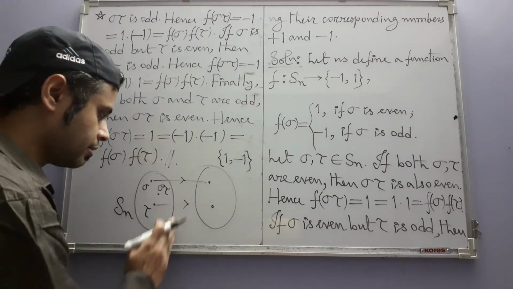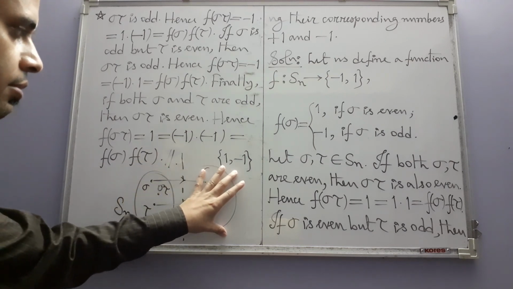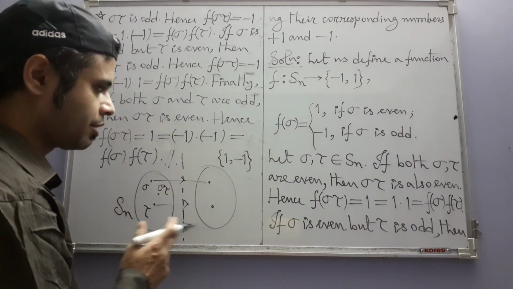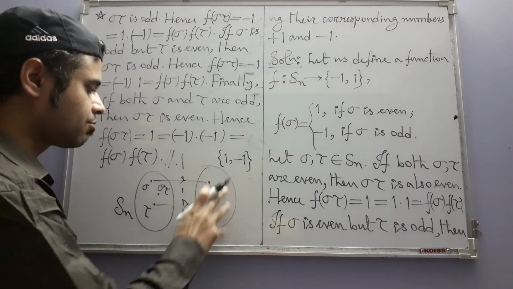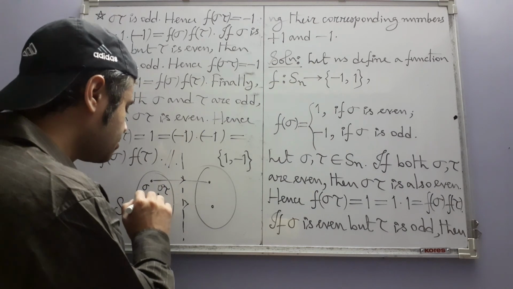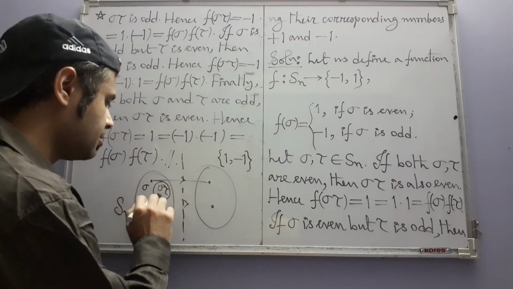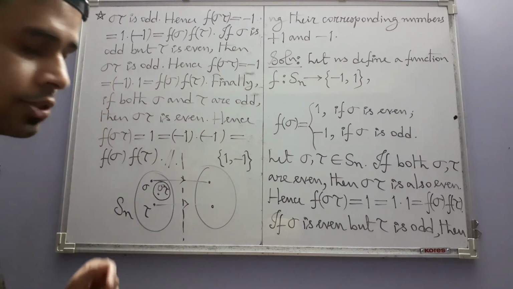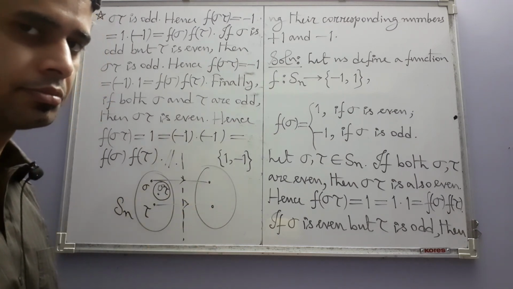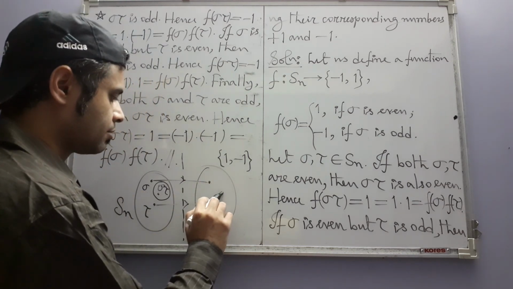Corresponding to this, you can treat this as a group and its mirror image in a sense. It will not be exactly a mirror image, but you can treat this one as a shadow of this group. So whatever you are doing in the actual world with sigma and tau has resulted in this new element sigma composition tau in the actual world, but the corresponding shadows also have interacted between themselves, and they have also produced another shadow.